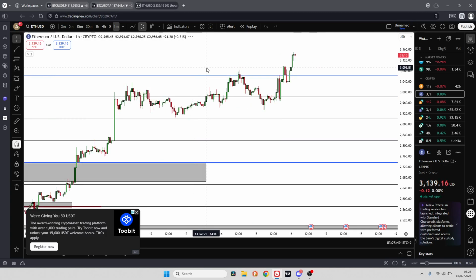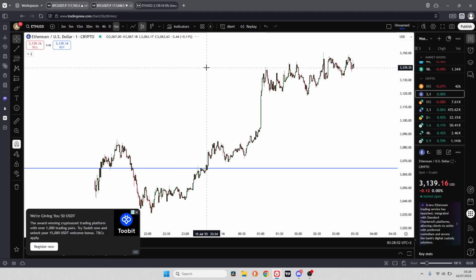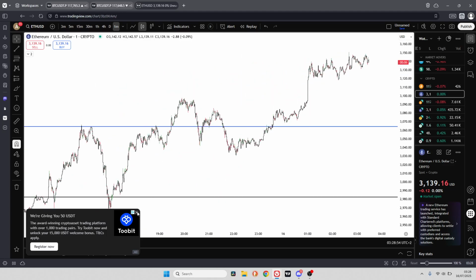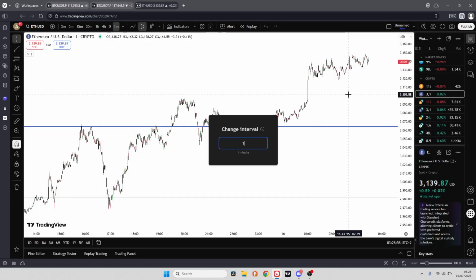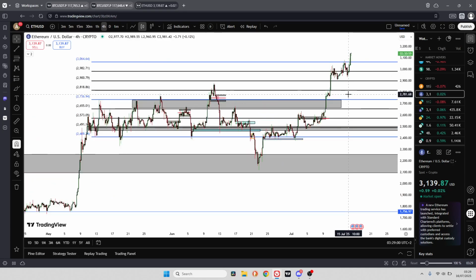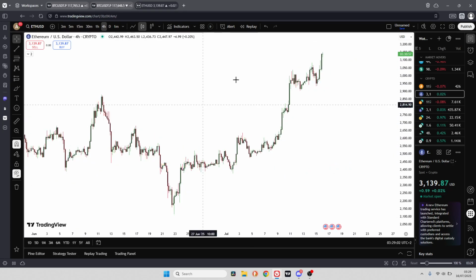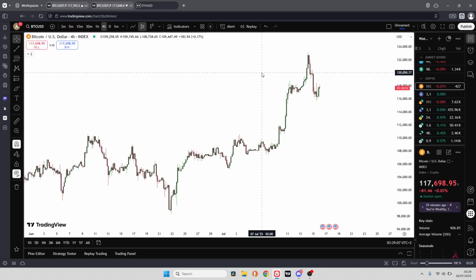It just keeps moving. It was a good idea to go long on ETH instead of BTC, like I stated, because when we look at this on the relative strength level, here we have this 4 hour. Just look at this.